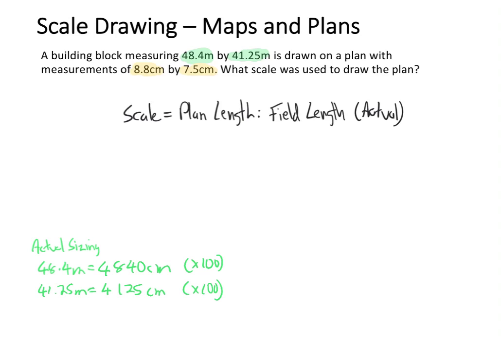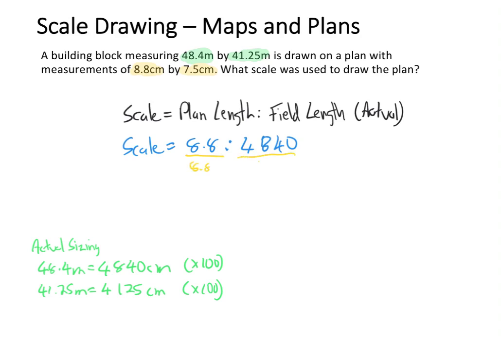And to do that, I need to either put in both my lengths or both my widths. So choosing to use my lengths, my plan length is 8.8, and that is to my actual length of 4,840. And when I write a scale, it needs to be simplified. So I can divide both of those by 8.8.